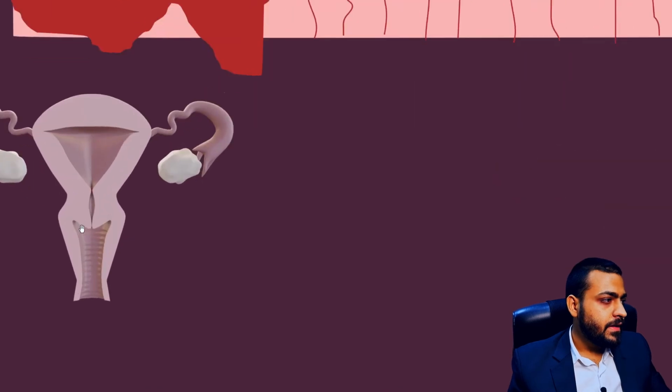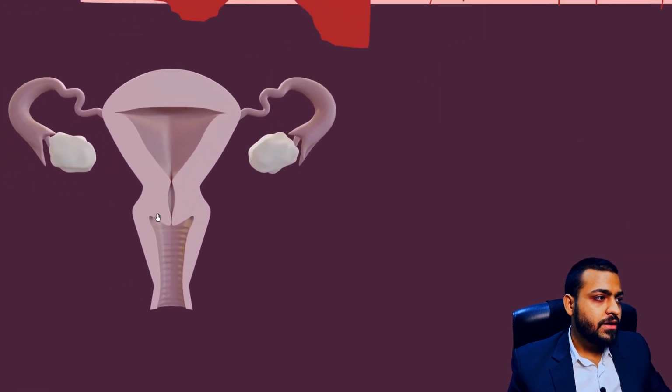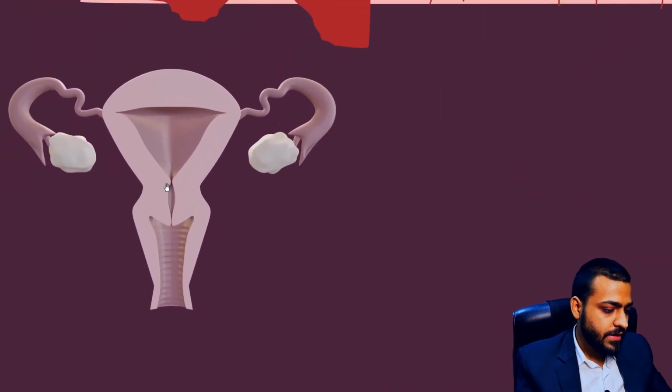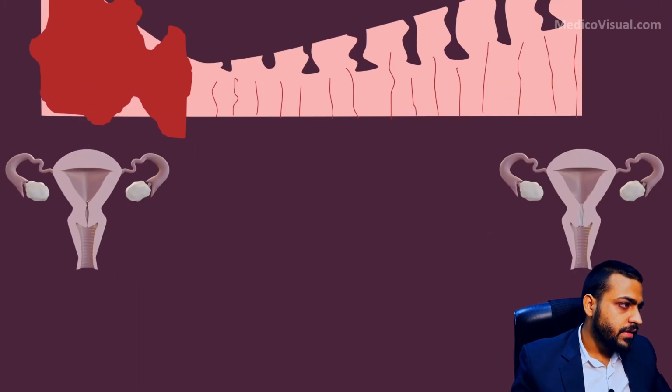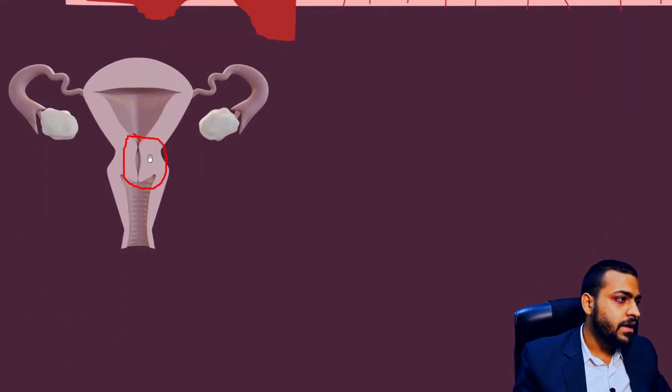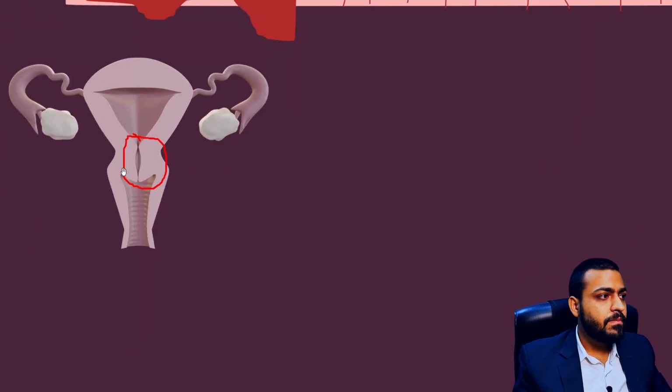So, you know, this part of the uterus is called the cervix. Okay, so here is the cervix. So what is the cervix? The cervix is the lower part of the uterus which connects the body of the uterus with the vagina.